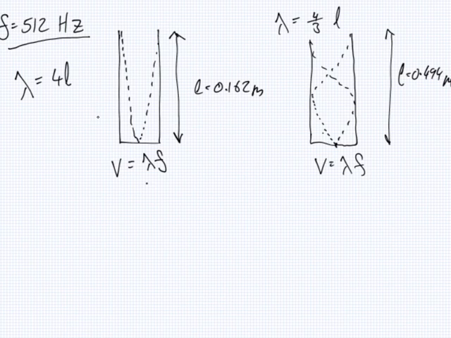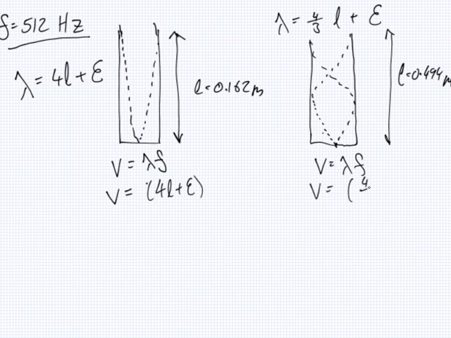The reason for the error is that it's not a clean exit at the end here, so the wavelength we think it is, we're wrong a little bit, and likewise here. So in this formula, we have V equals 4L plus E, and here we get V equals 4/3 L plus E, times F.